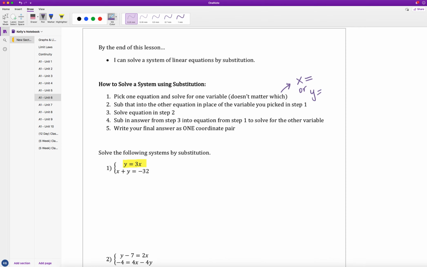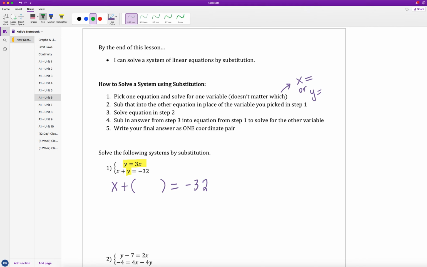So we're going to substitute in y equals 3x in place of the y value down here in our second equation. So I'm still going to have x plus, and I'm going to have whatever is going to go in place of y equals negative 32. That still all stays the same in the second equation.